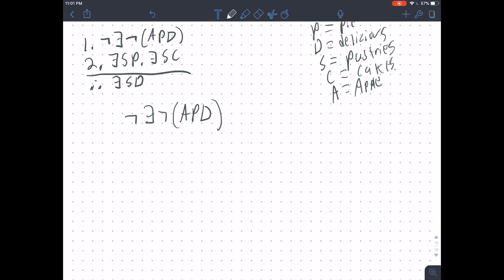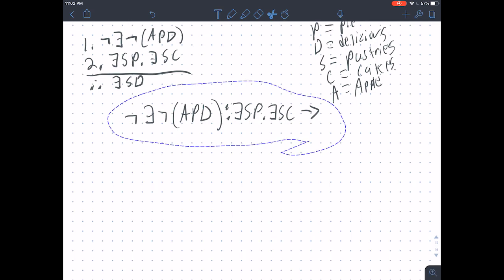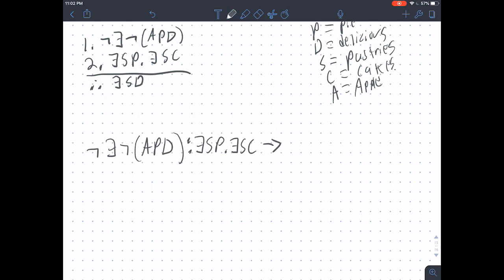And remember, to do that, we just make a conjunction with all of the premises, and then we connect that to the conclusion with a conditional arrow. And technically that dot isn't necessary right there.